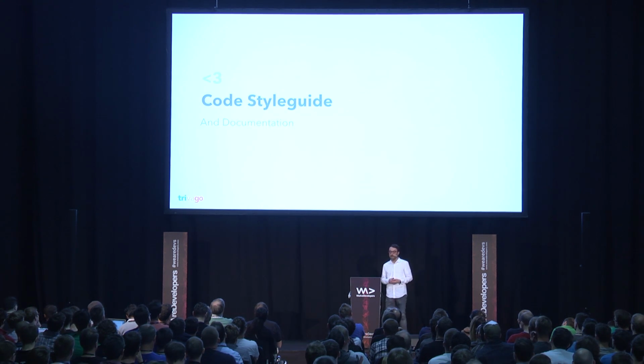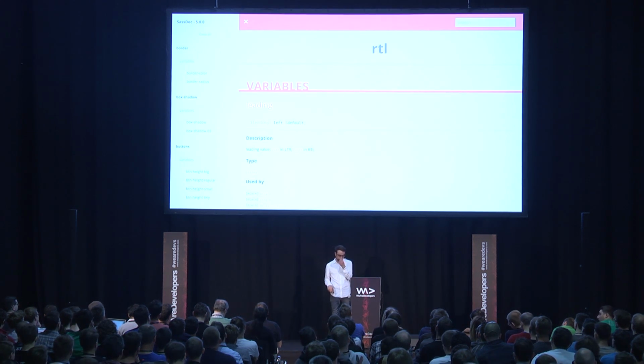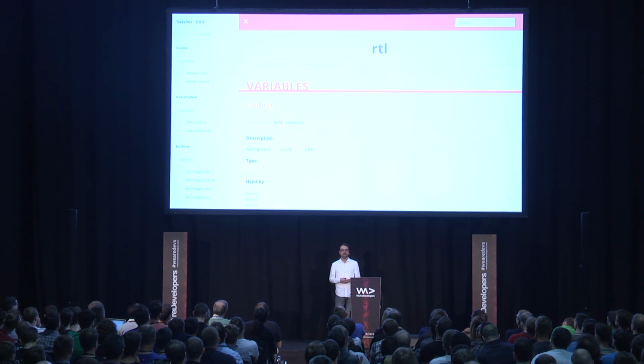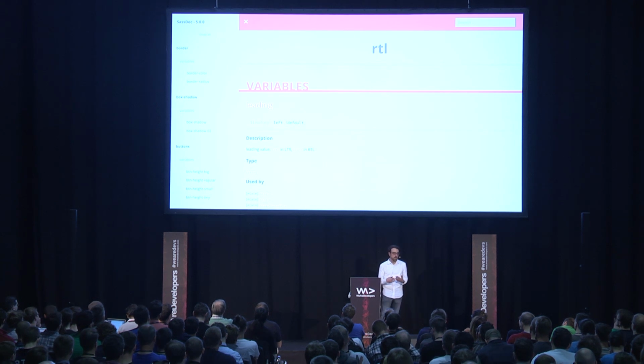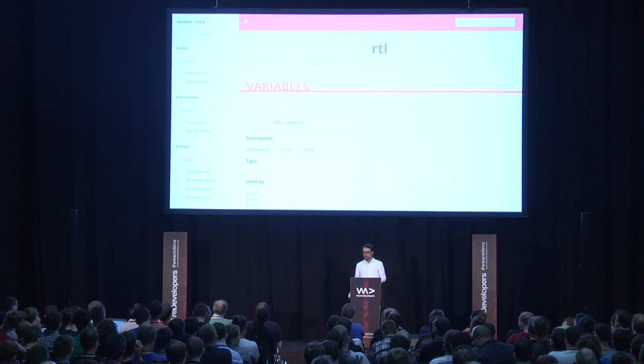We put a lot of effort into documentation and the code style guide. We use SassDoc to document our SCSS, to document what I like to call our design system variables, which are basically the Sass variables which people should use to avoid that they always reinvent colors or spacings or all that stuff.